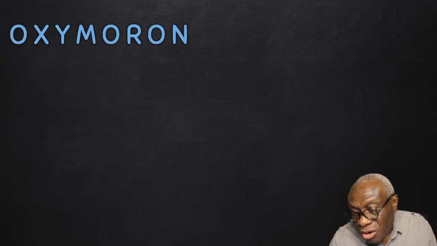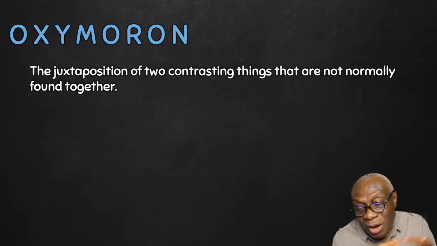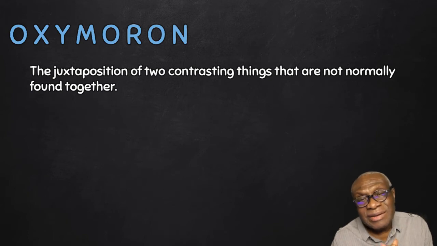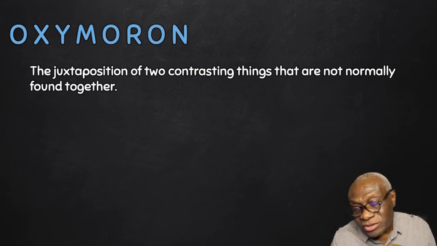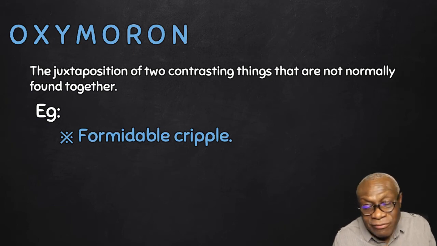Now, oxymoron. Oxymoron is when you put two opposites together side by side. Two things that are usually not found together. If you put them side by side, you are using the technique called oxymoron. Now, look at these. Formidable cripple. Because a cripple is supposed to be the opposite of formidable.